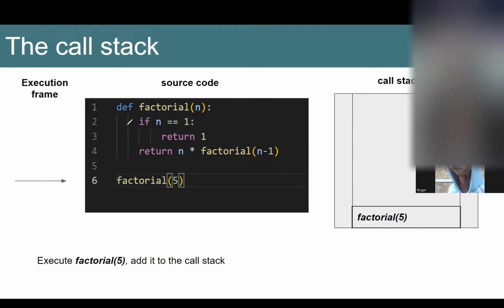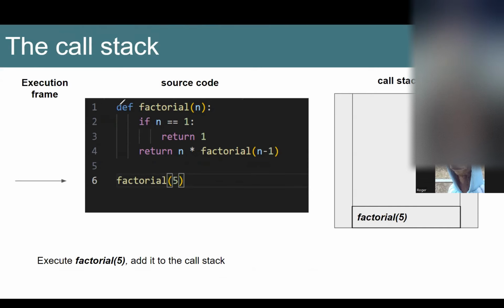When we're evaluating everything, we start by defining the factorial function. What is the factorial function? All of this stuff inside of the def factorial n piece. Great. Now we can move on to evaluation. The first thing we do is evaluate factorial 5. We pop it onto our call stack.